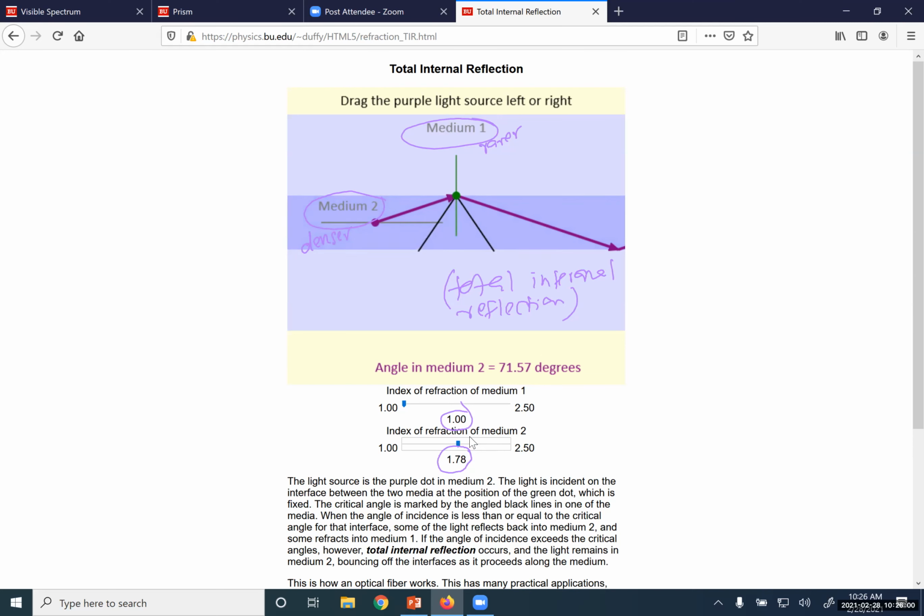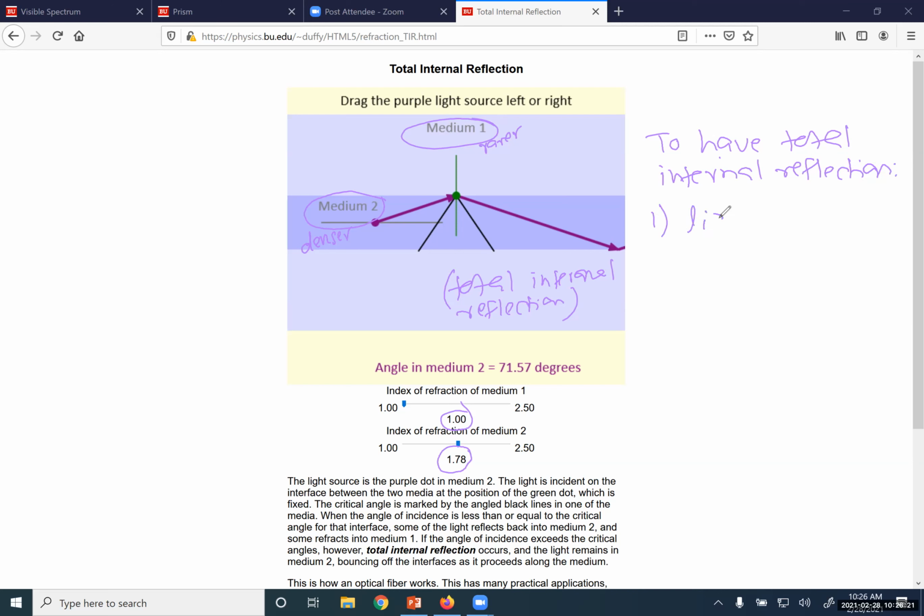So one important concept we learn from here, that to have total internal reflection, two conditions must be fulfilled.